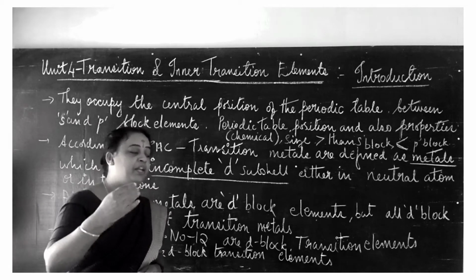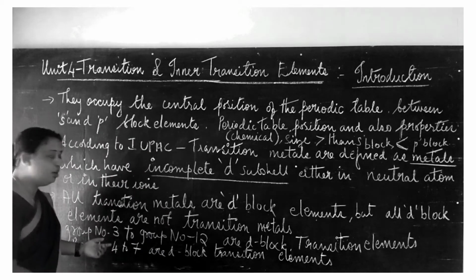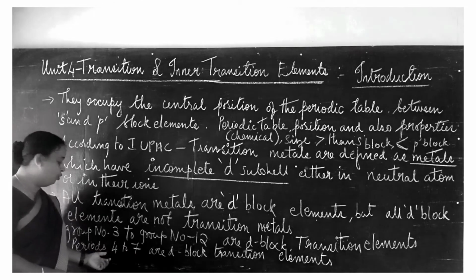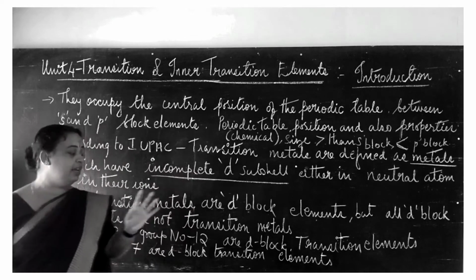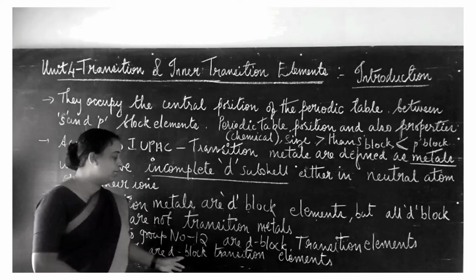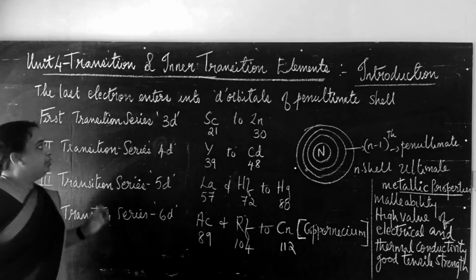Now we are looking period-wise. The transition elements start from the 4th period and end at the 7th period. So 4th period, 5th, and so on. Okay, so they are D block transition elements. Understanding? Clear?